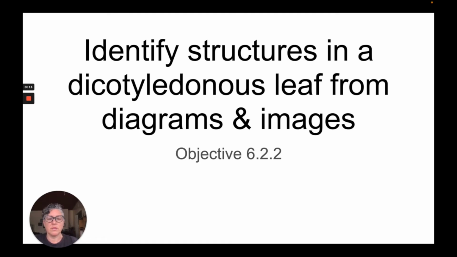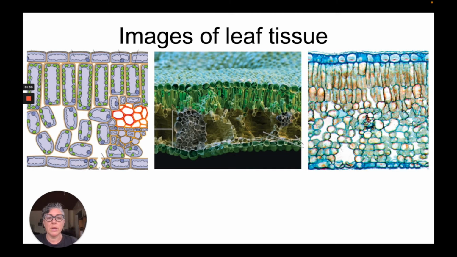This video covers the IGCSE Biology Objective 6.2.2 on the 2025 CAIE syllabus: to identify structures in a dicotyledonous leaf from diagrams and images. So here we have three different ways of looking at leaf tissue.